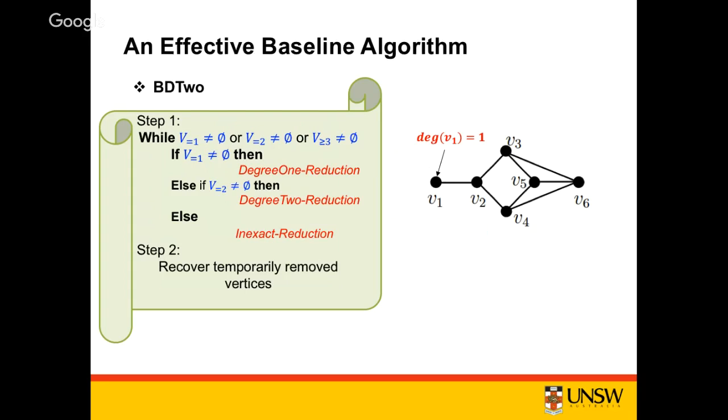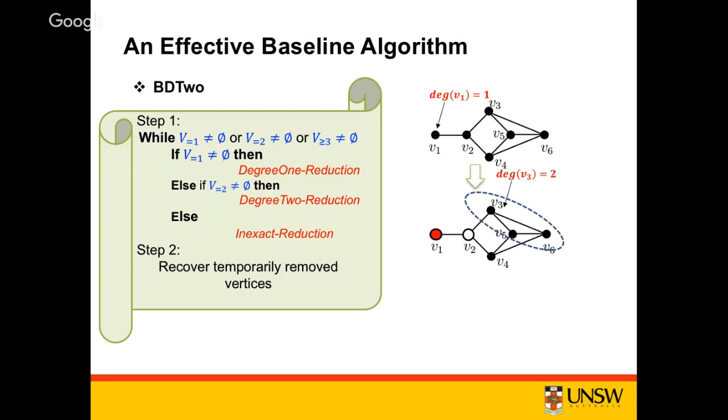The second baseline algorithm we call BD2, where we apply both the degree 1 reduction and the degree 2 reduction, and also the inexact reduction. In both BD1 and BD2, we apply the existing reduction rules for handling degree 1 and degree 2 vertices. For BD2, the first step is the same.